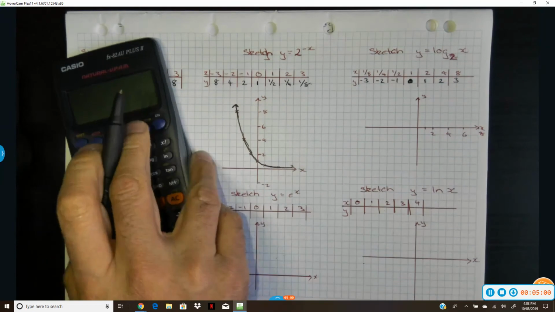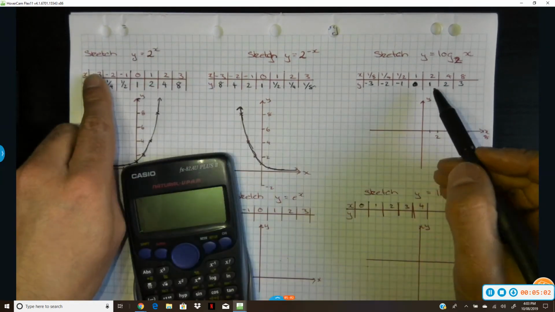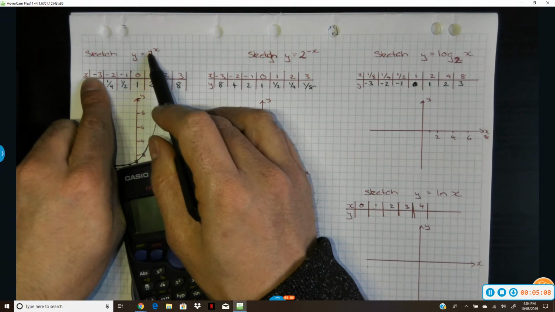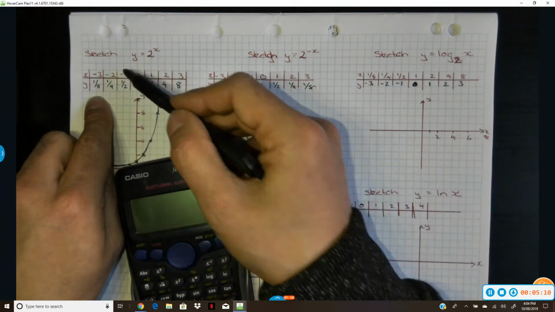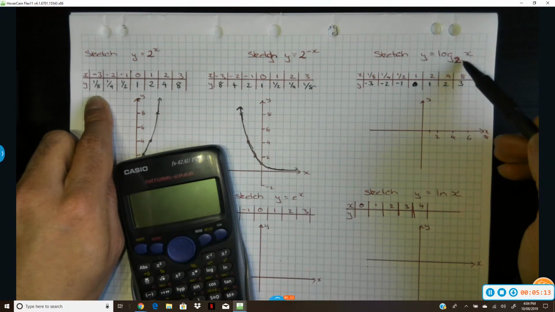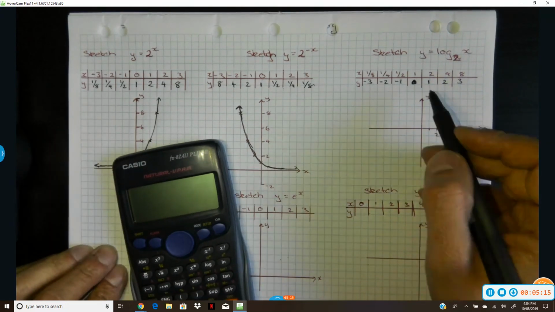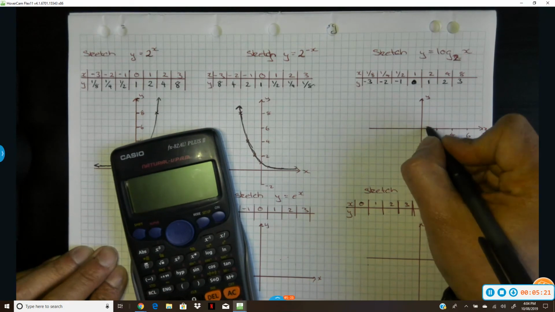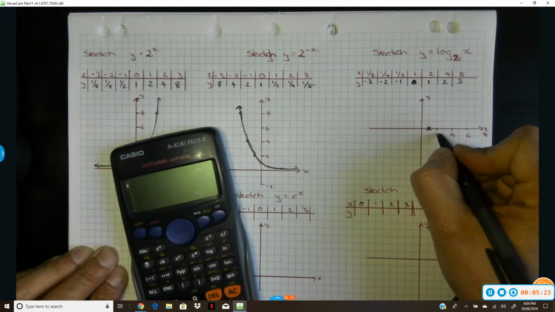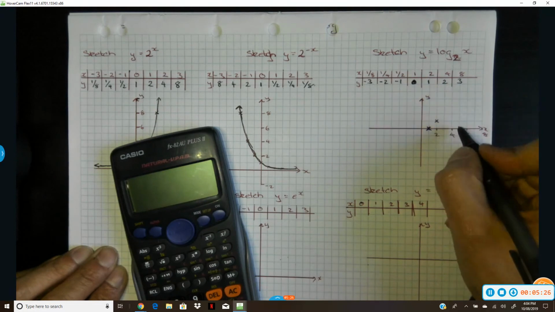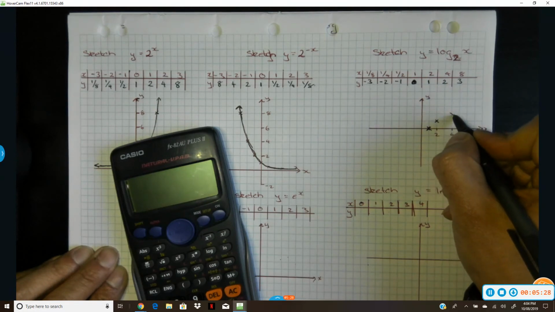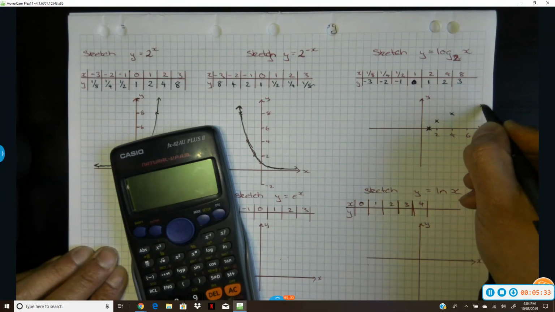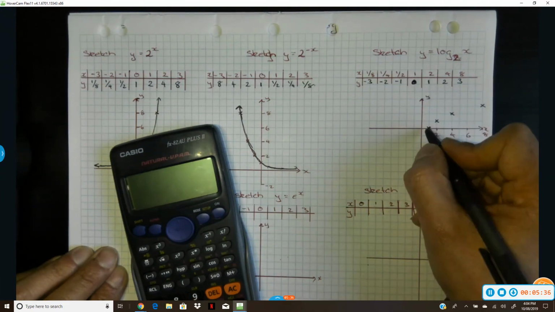Okay, so notice that this is flipped. y equals 2 to the power of x, the inverse is y equals log 2 of x. So when x equals 1, I should get 0. When x equals 2, I should get 1. At 4, I should get 2. And for 8, I should get 3. At a half, I should get negative 1.